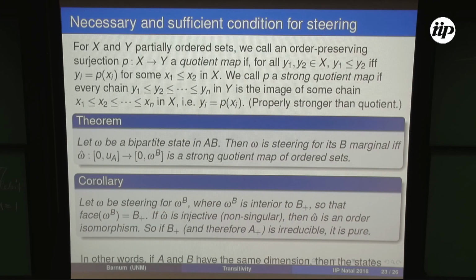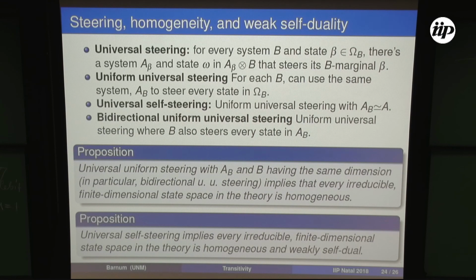Okay, so let me quickly just get to some slightly more general statements about steering. So let's think about theories, and let's say we have universal steering if for every system B and normalized state beta in B, there's some other system and a state on the composite of those two that steers this B marginal beta.